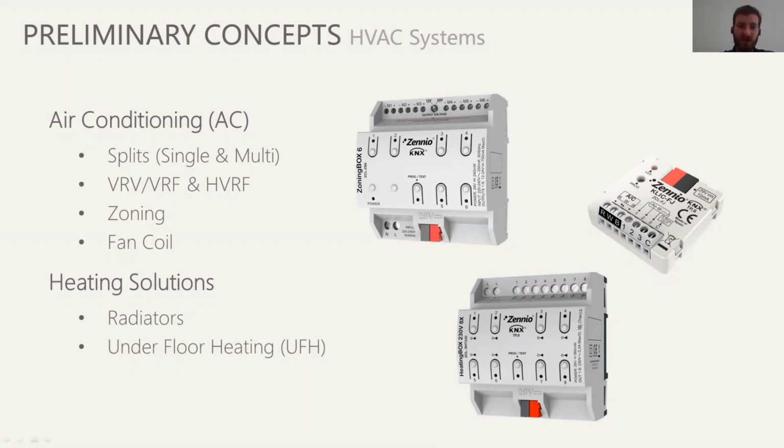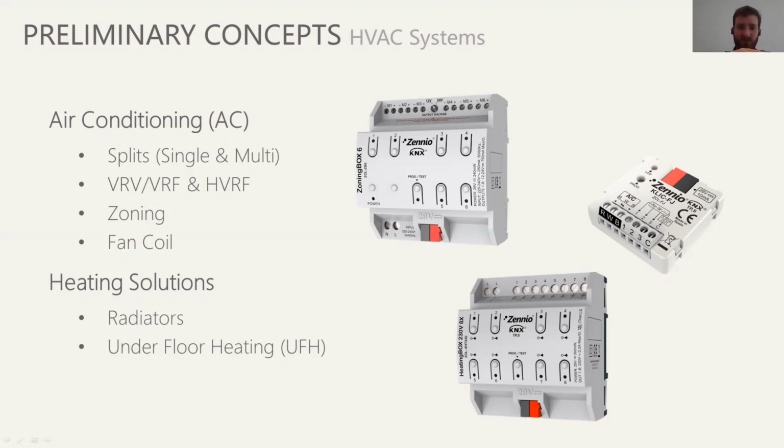Then we've got ducting, in which you have one unit producing heat or cold, sending air through different ducts, and then you just control grilles at the end of the duct to let that heat or cold enter the room.